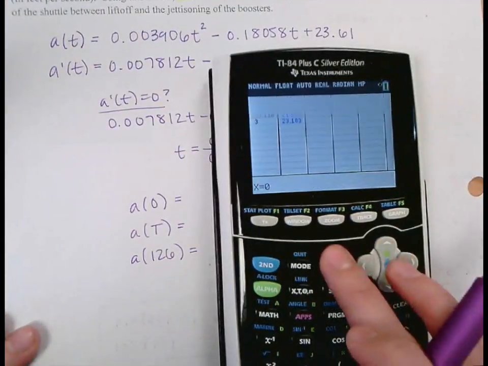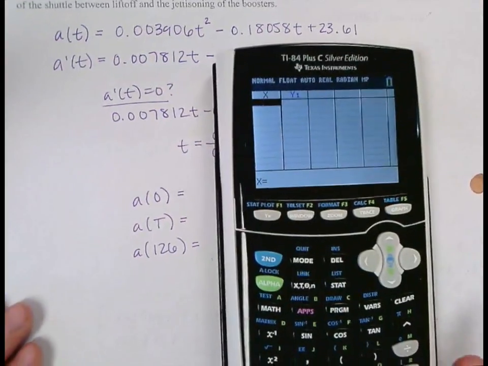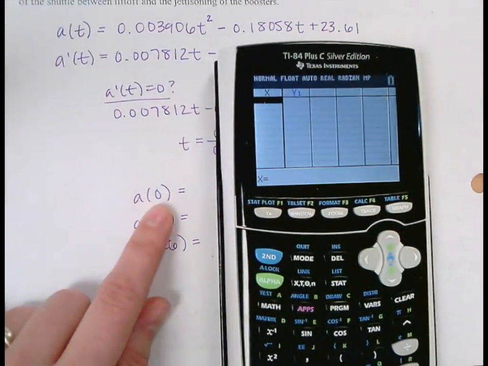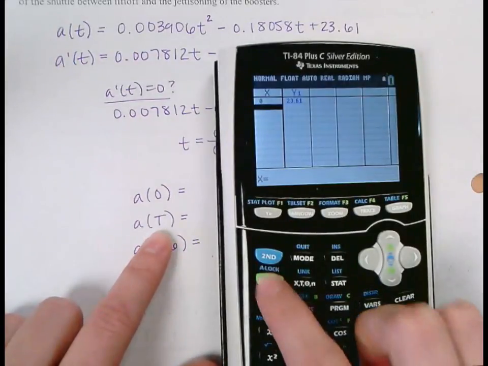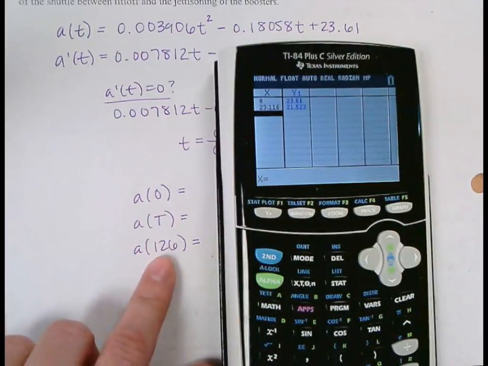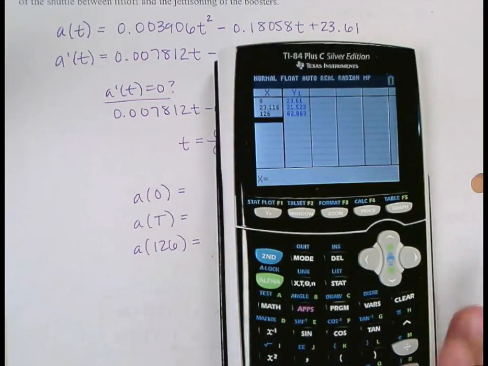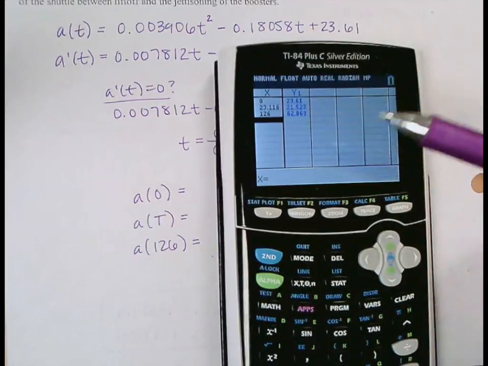Even if you go into your table, I can type in 0, and if I want to type in T again, I just type in alpha 4 for T, and it will substitute it into the table. And then 126. Now these values are going to be my final answers. I can round these to how many decimal places? 3, unless you're given less than 3.